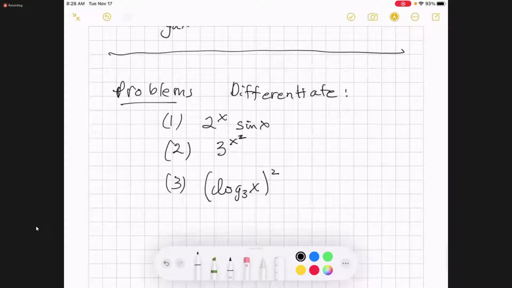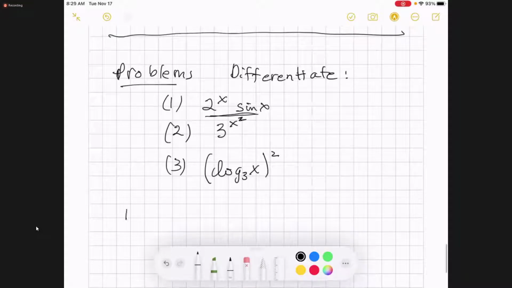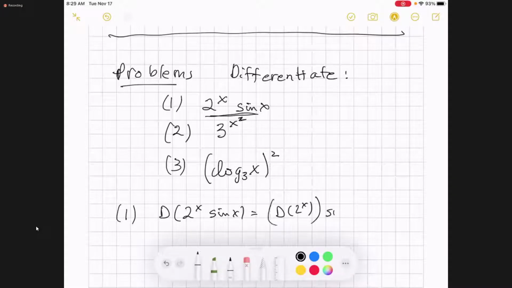So the first one, product of two functions. So that means you have to use a product rule. And so that's the derivative of 2 to the x times the sine of x plus 2 to the x times the derivative of the sine of x.